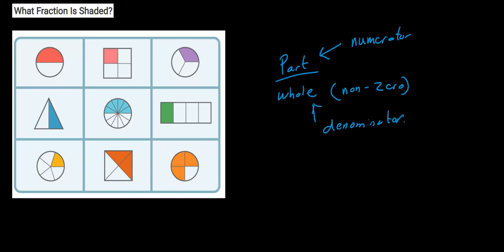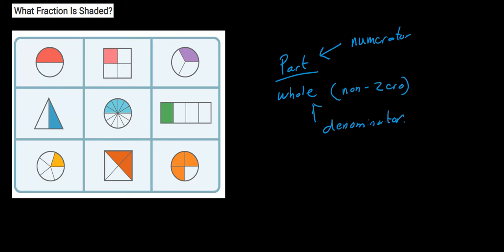Okay, now the denominator cannot be 0. It is a non-zero integer because you can't have 0 of something which make a whole of a shape.